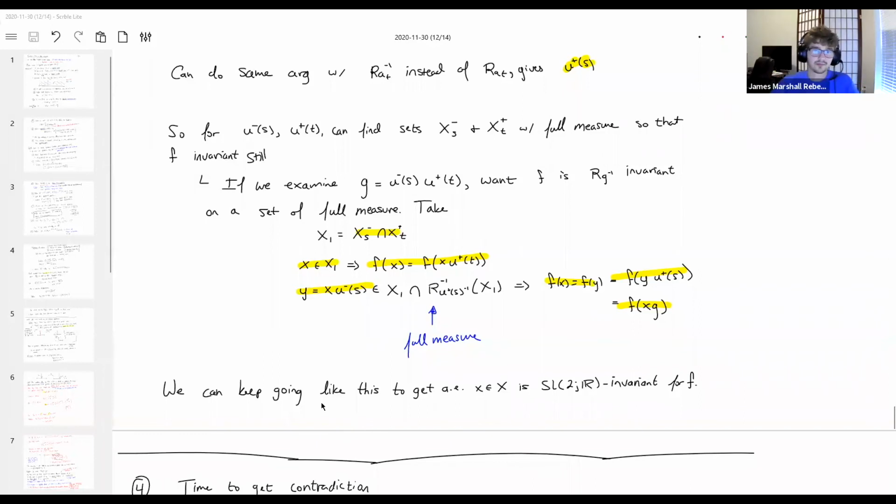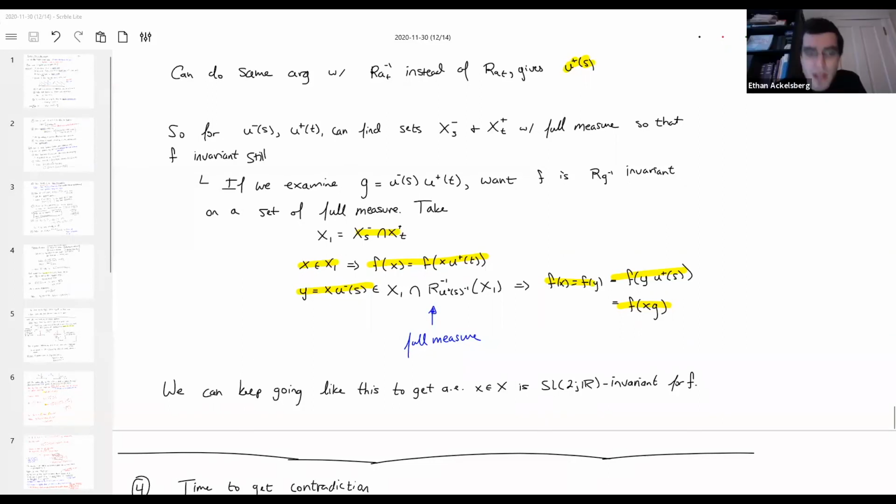And we said we were going to do this by doing something else with the matrices u plus and u minus. So what were we trying to do with u plus and u minus as the intermediary step? With u plus and u minus, we get it for each individual element in those things. And then we want to get it for SL2R because that'll give us it for basically every element. And that'll come in the next step, why we want this.